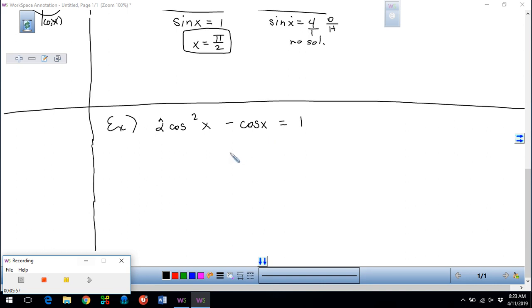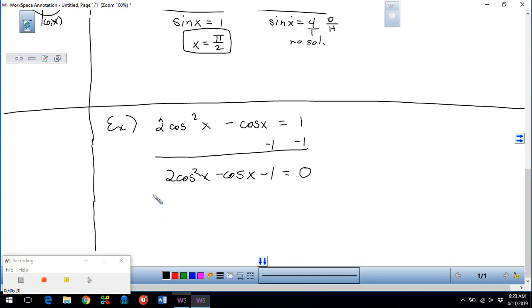Okay, last example, 2 cosine squared x minus cosine x equals 1. First thing I'm going to do is move the 1 to the other side by subtracting it so that we can get our equation equal to 0. So we have 2 cosine squared x minus cosine x minus 1 equals 0.